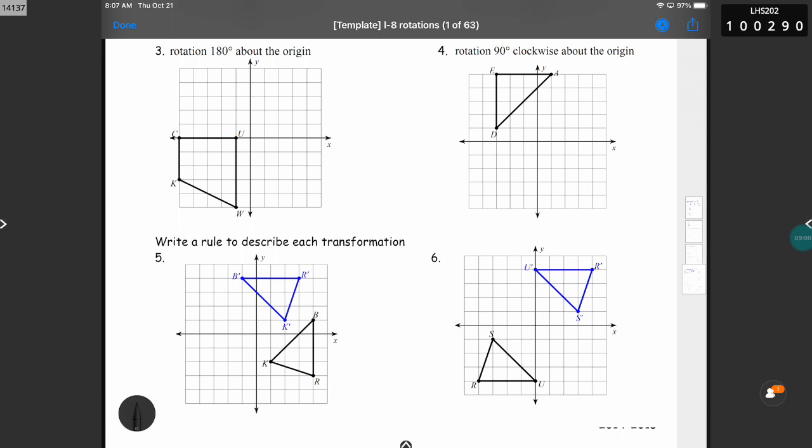Let me go ahead and plot that point over here. So let's see, we said U was, or there's something here, right? Something here?